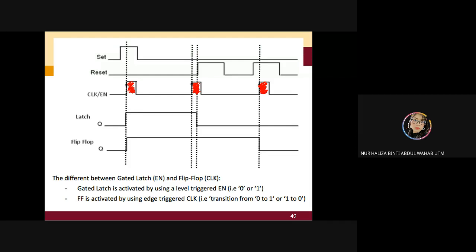So any changes of your input at this specific point, I'm going to look at and consider as a trigger for my output Q. So I'm going to do it like this. You can see here in between I have another change, so I need to consider that also.